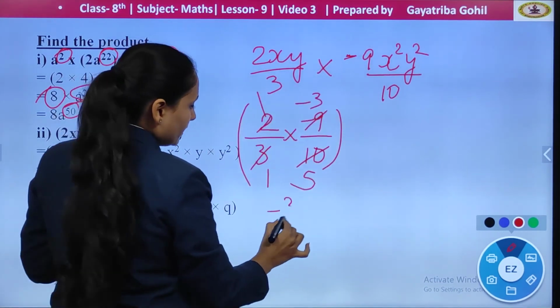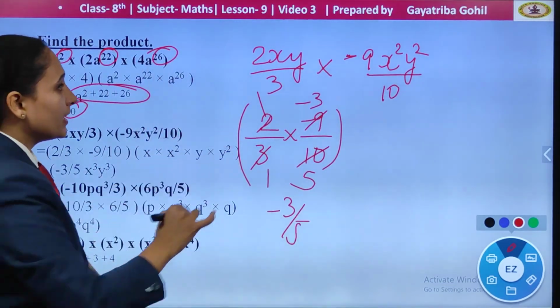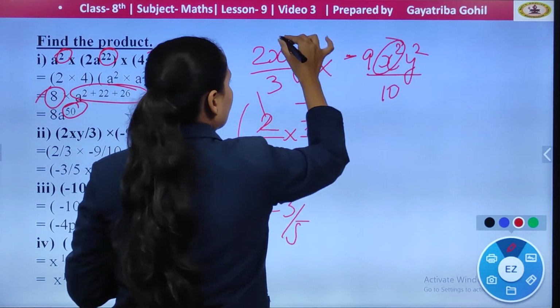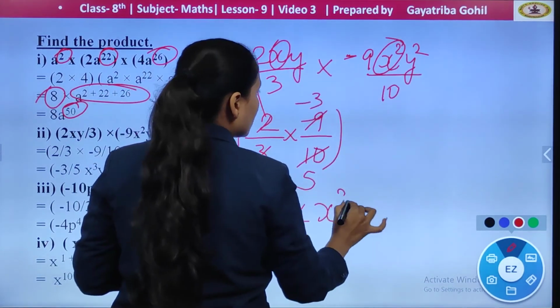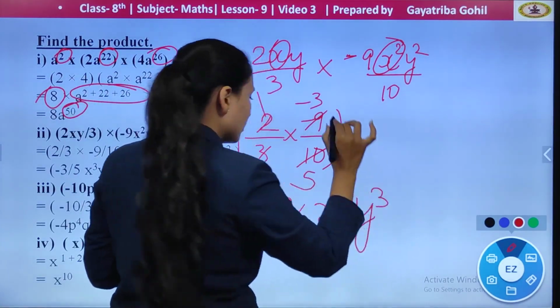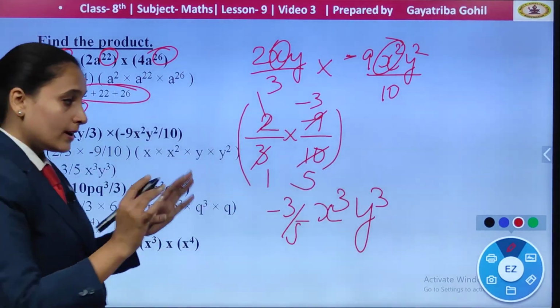So this will become minus 3 upon 5. This is the coefficient. Now come to the variables. x square into x will become x cube, and y square into y will become y cube. So my answer will be minus 3 by 5 x cube y cube.